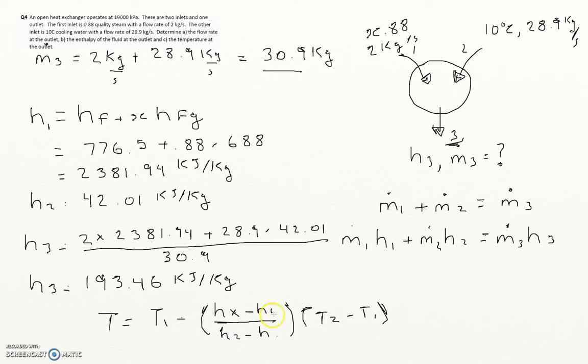Just be careful, because my H1 value, as I've written it out, is not my H1 value up here, and my H2 value is not my H2 value up here. I'm just using this in terms of above and below in the steam tables. So when I write this out, my H1 is the value related to my temperature T1.